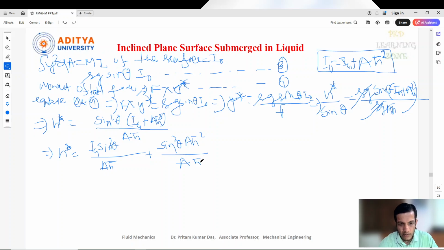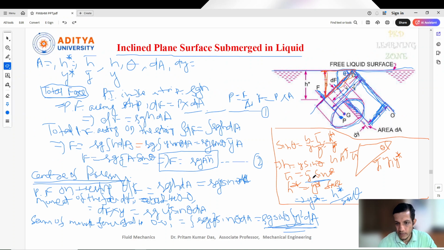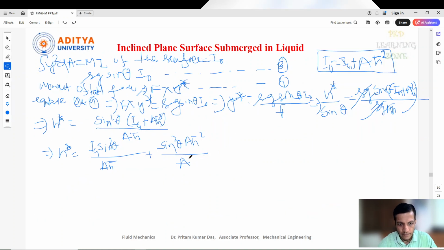Now here h bar value I'll keep it, h bar equal to y bar sine theta. So if you put that one value, y bar equal to h bar by sine theta.